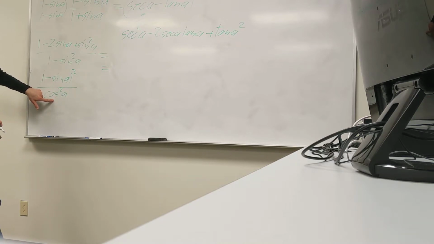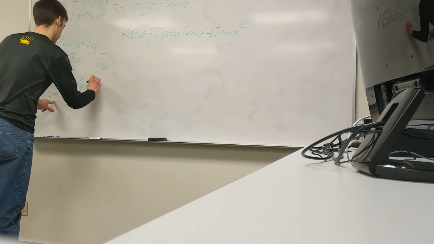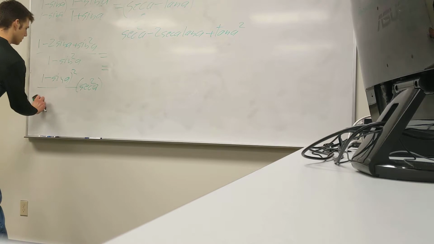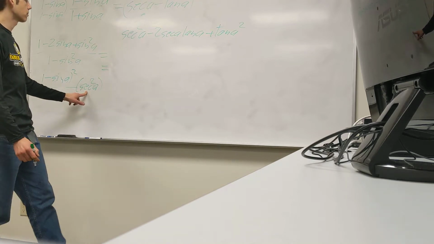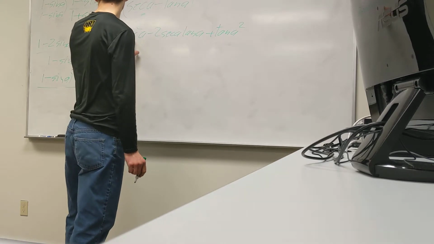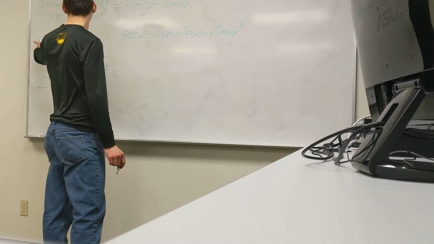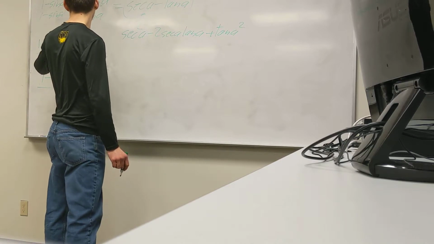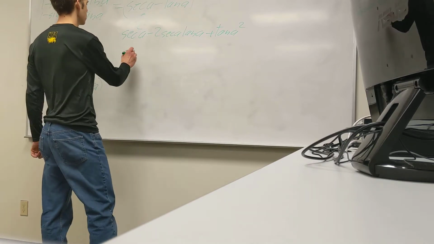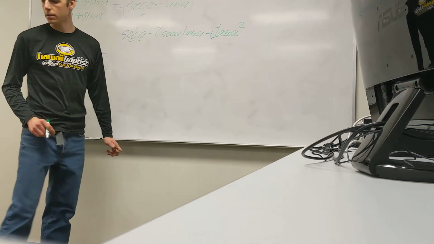Secant squared A, right? Okay. So if I have secant squared on the left, maybe I want to leave this as secant squared, right? 1 plus sine squared A. So if I want to take this tangent squared, I want to turn that into secant maybe?